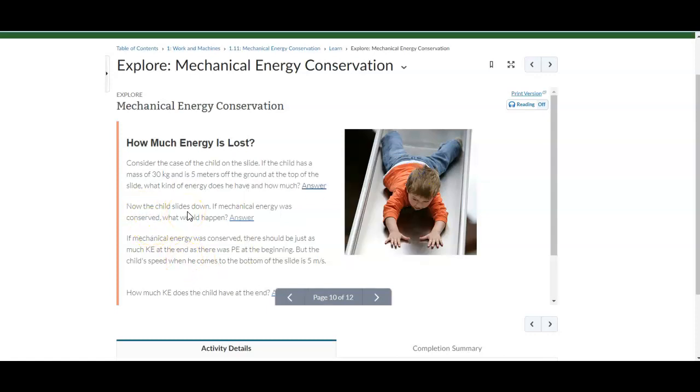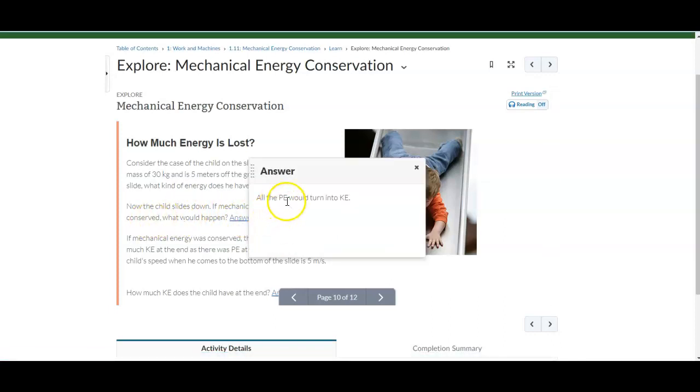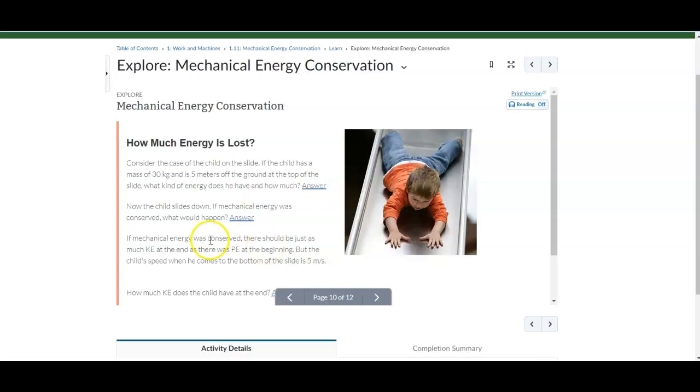So now he's sliding down. So we have some movement. If the mechanical energy was conserved, what would happen? So now all of that potential energy would turn into kinetic. So if the mechanical energy was conserved, which it was in our example of the Ferris wheel a while ago, there would be just as much KE at the end as there was PE at the beginning.